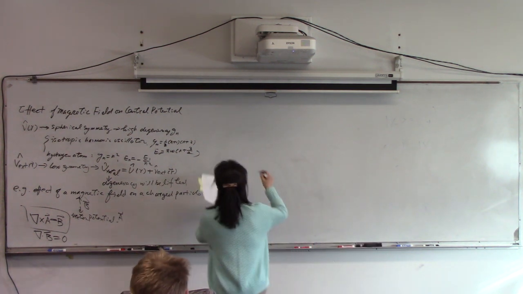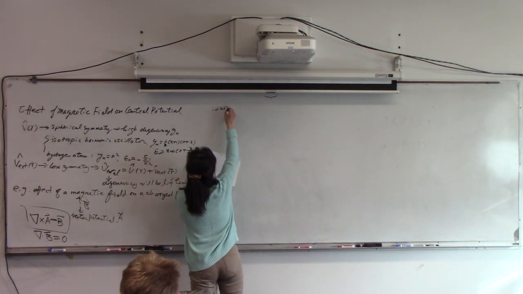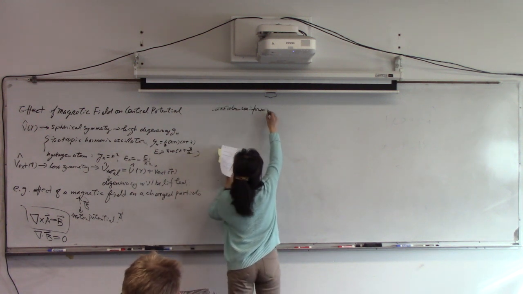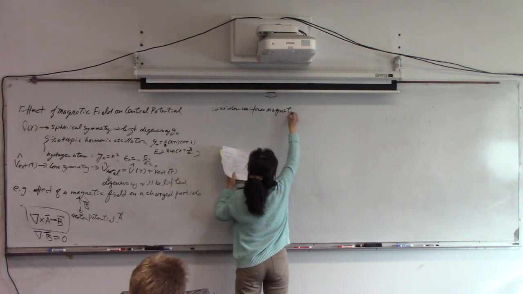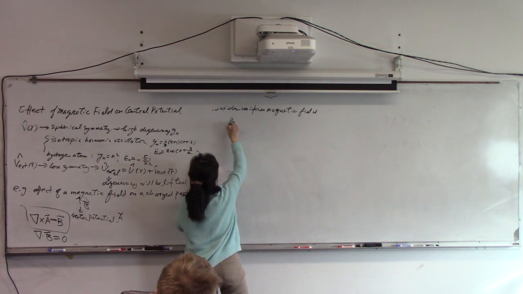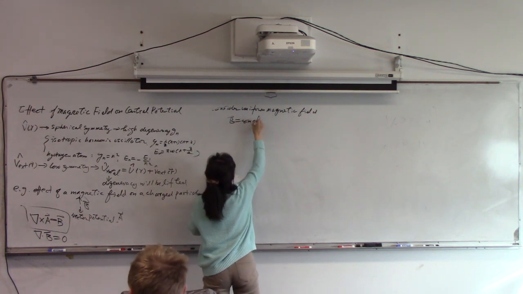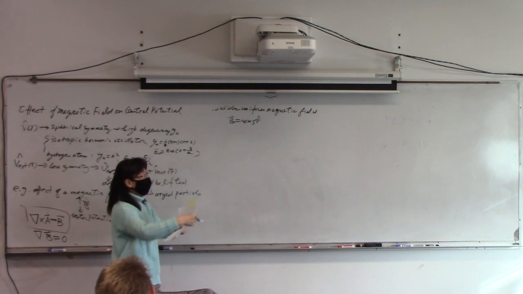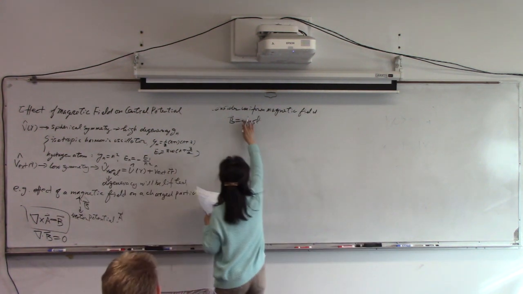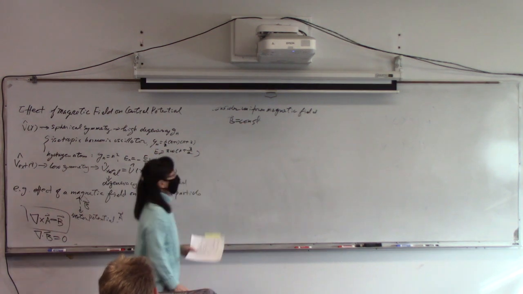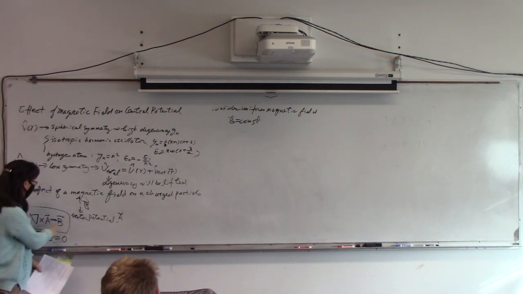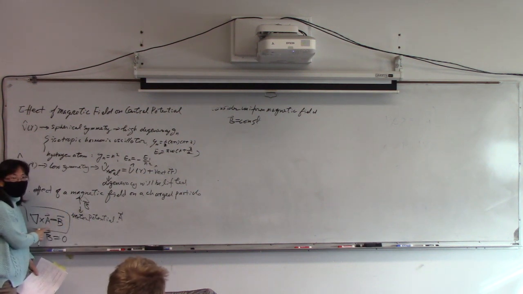Now let's consider a uniform magnetic field. That means it is constant: the direction always stays the same, and at any position the magnitude is the same. Who knows, for this type of magnetic field, what is the formula of the vector potential?